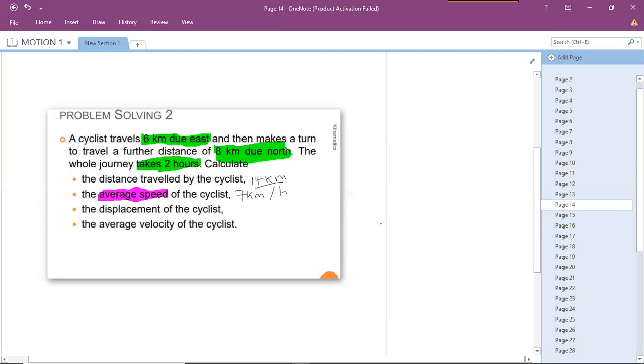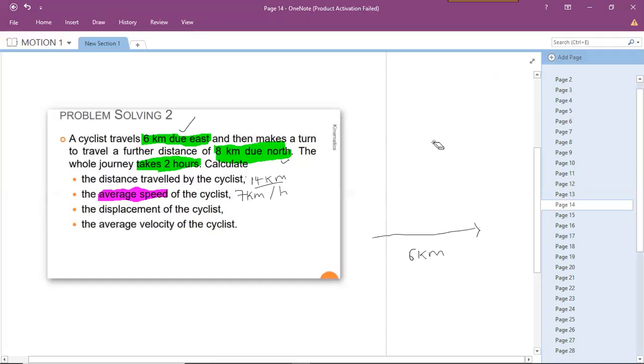So let's draw the first displacement vector, which says 6 kilometers due east. So this one went 6 kilometers like so, right? This is 6 kilometers due east. Then the second part of the journey is 8 kilometers due north. So they paused and then went north. So they went up like that.